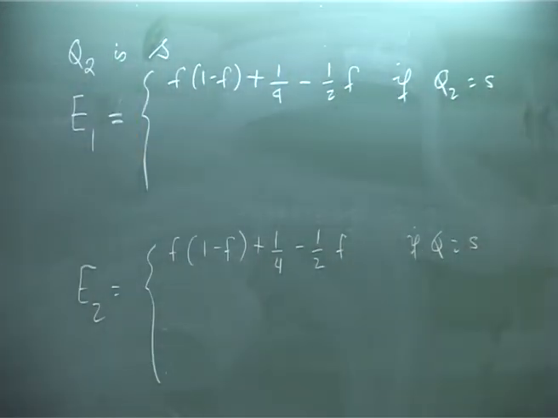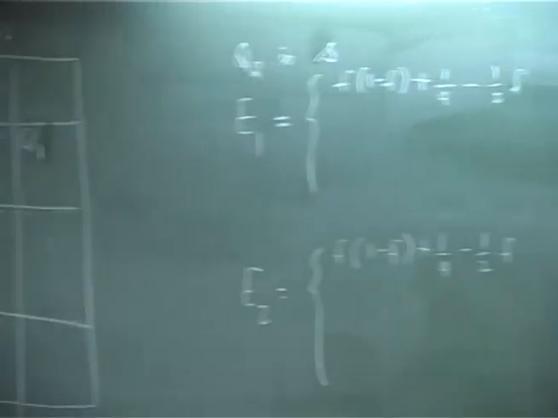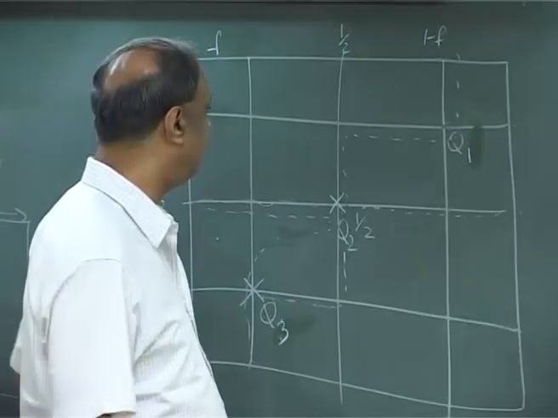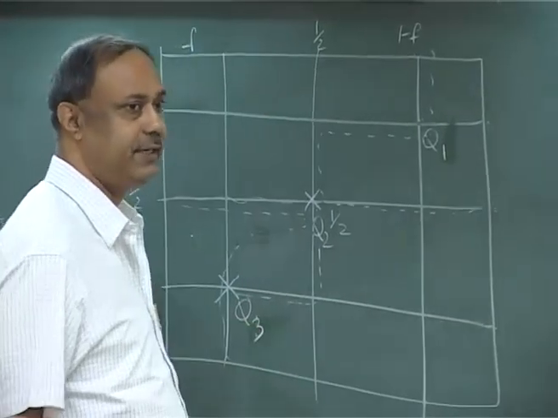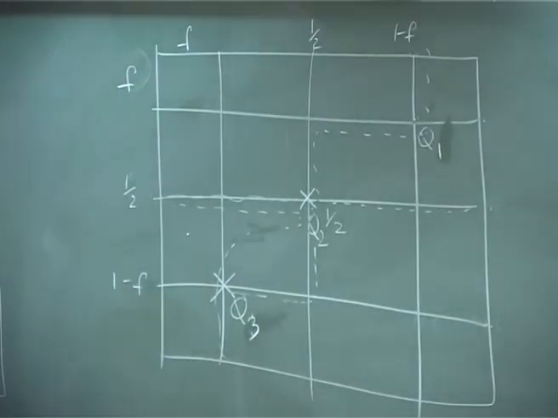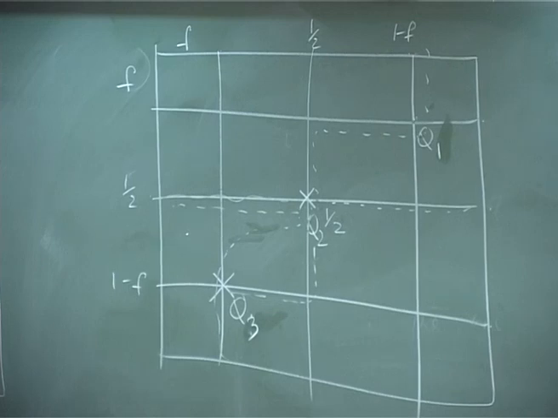Now, if Q2 is not S, suppose Q2 is the first element or the third element, right? So let us assume that Q1 is the second smallest element and Q2 is the first element, right? In that case, what does it become?